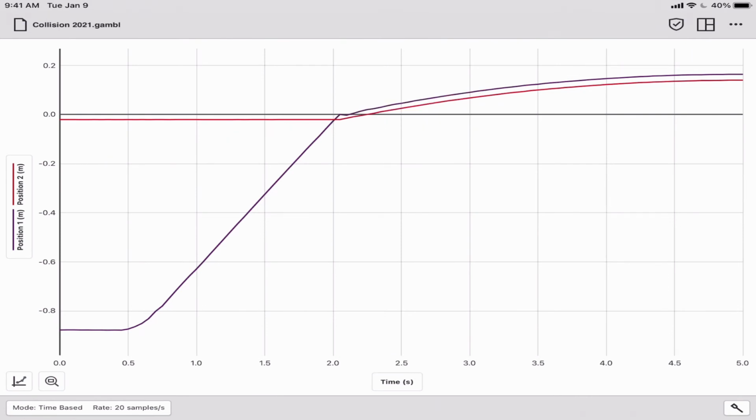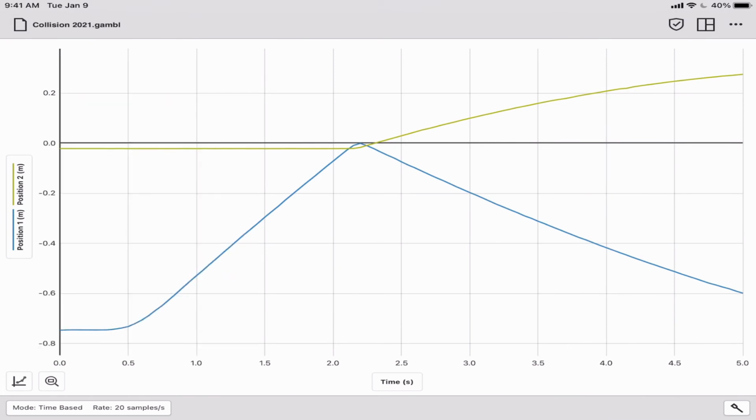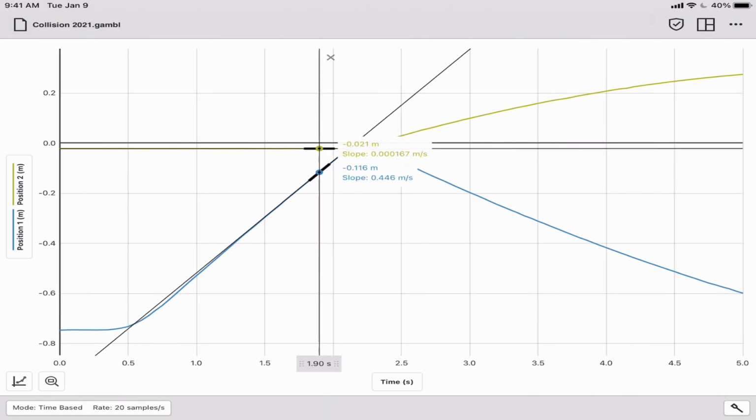Okay, so then we can do the same thing with this situation. Again, I have a stationary one and a moving one. So right near the collision, I'm going to find the slopes. The stationary one I would write as 0, because this is a little bit off.